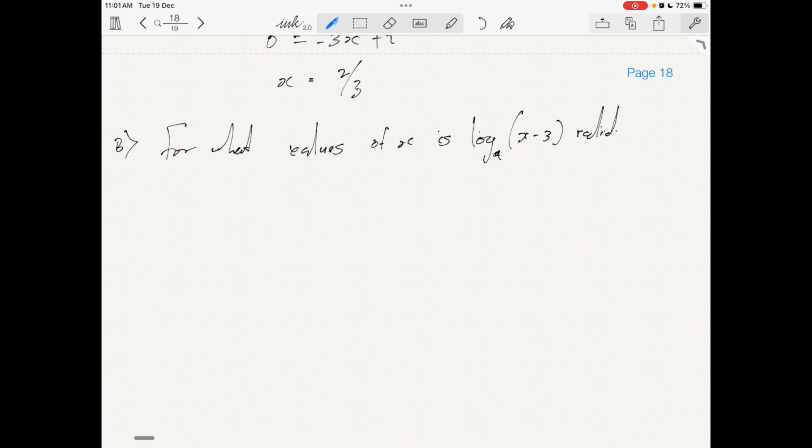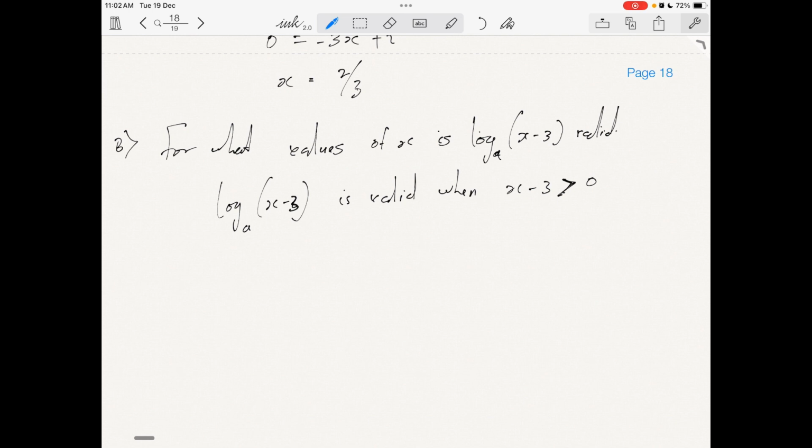It's quite common, especially when we have objective questions. So log to base a of x minus 3 is valid when the argument is greater than 0. Now we remember that log of 1 is equal to 0. So the answer there is that the value is valid when it is greater than or equal to 0.